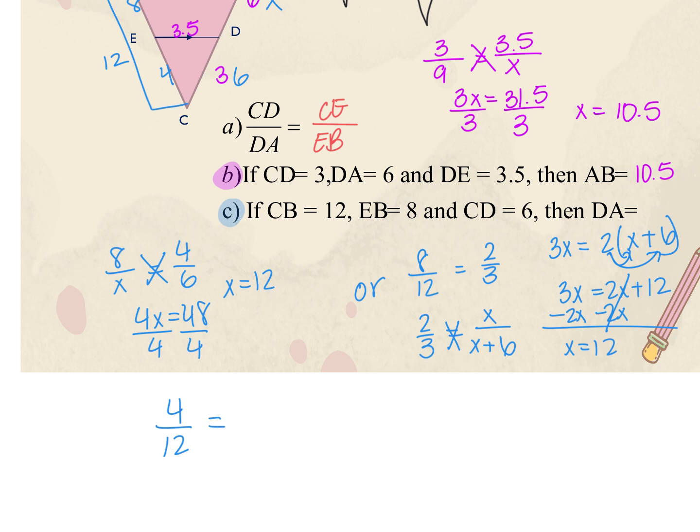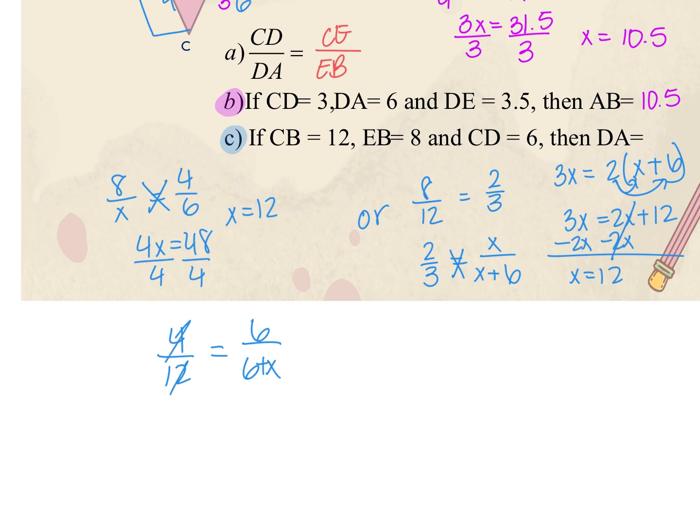Oh, I see what I did now. I just got 6 by mistake. No. You can do 6 over 6 plus x. You would have to simplify it and then you could still solve it.